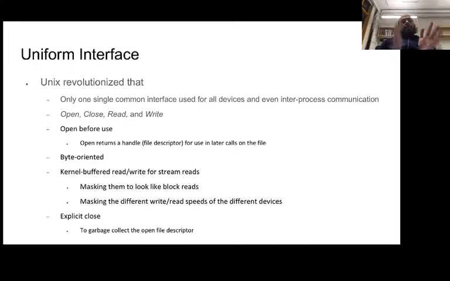Linux basically thinks of everything as a file, and for a file, you need to open it, close it, read from it, and write to it. If you are going to access your keyboard, you open the keyboard just like a file, you close the keyboard just like a file, you read from the keyboard, and you write to the keyboard. So you deal with the keyboard as a file.